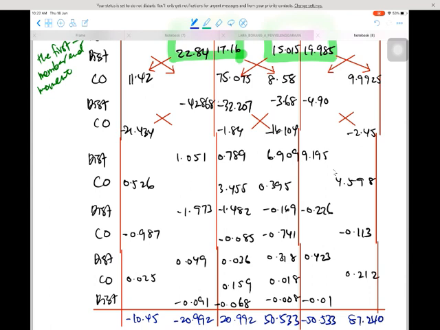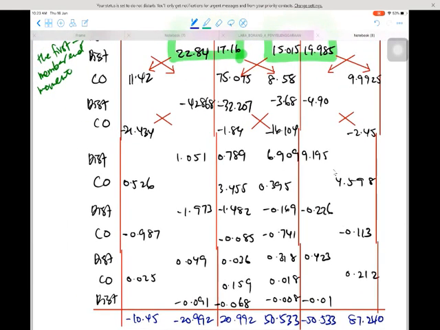MCD is negative 50.533, and this is correct because the total moment at joint C must again equal 0. MDC is equal to 87.240. So this is actually the member end moment, or the internal moment, for the beam.